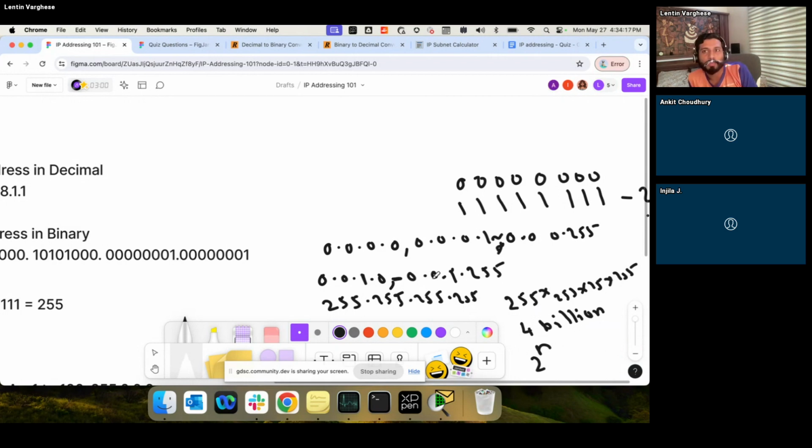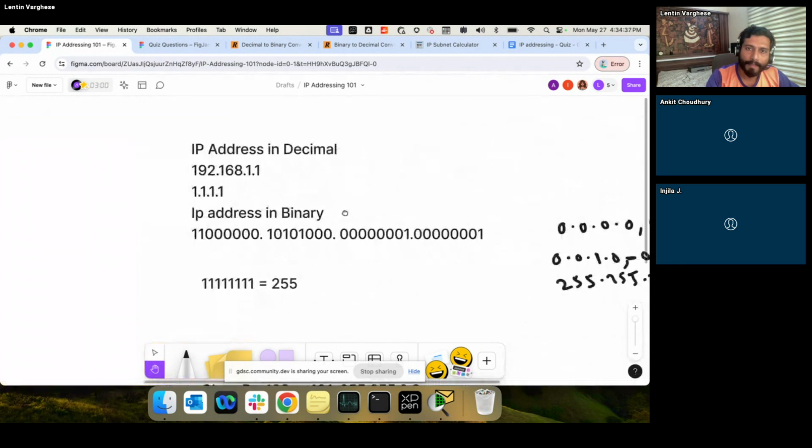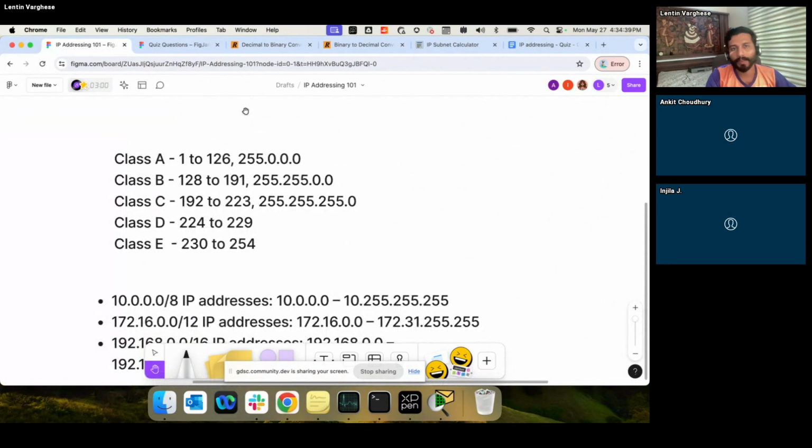So one thing we did is we introduced something called classes, different classes of IP addresses. Okay. Now, what are those classes? Basically, there were 5 classes of IP address: class A, B, C, D, and E. Now, class A is 1 to 126, class B is 128 to 191, C is 192 to 223.